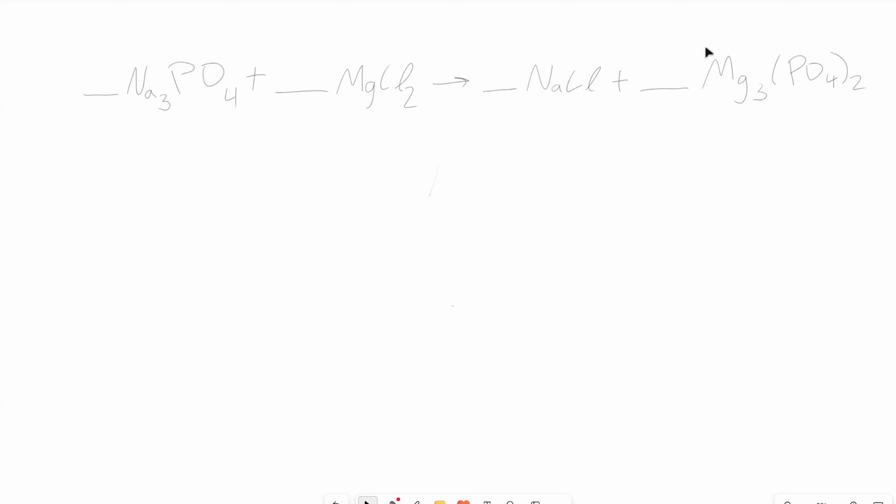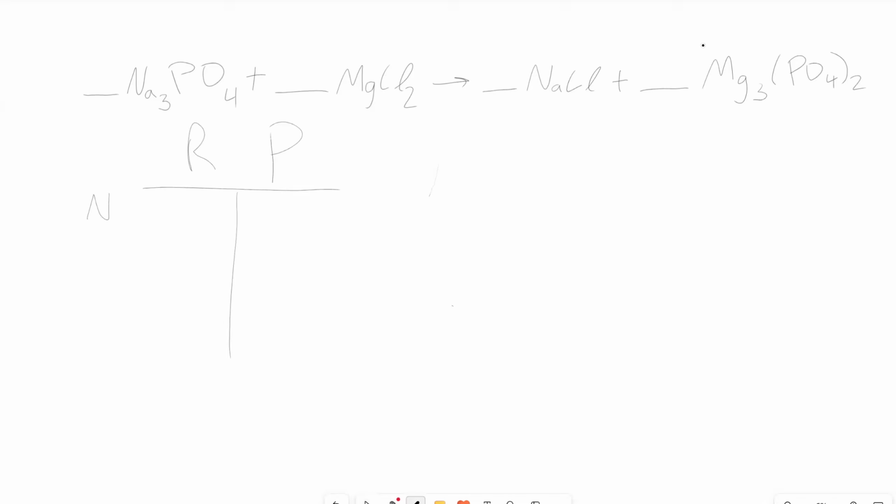We have our unbalanced equation right here without the coefficients. So starting with our table, we're going to have our reactants here, our products here, and we'll just count it out.